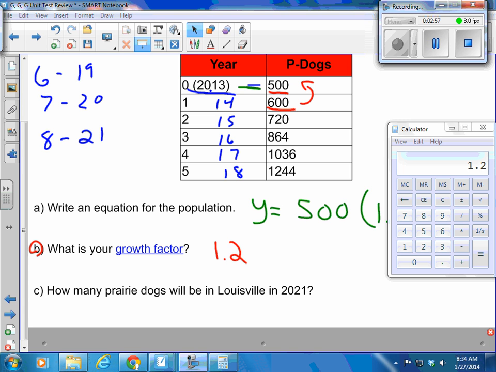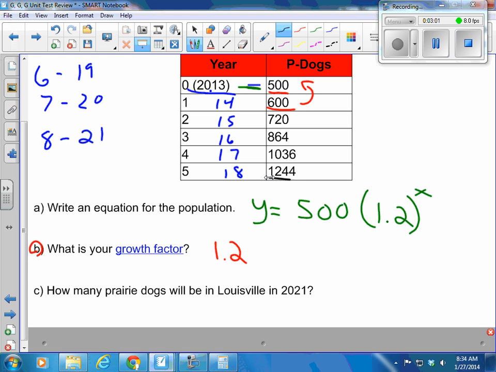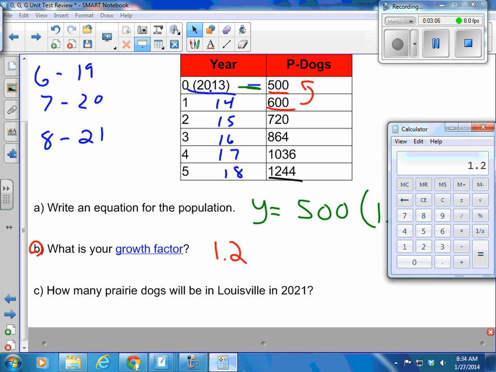Since I have to work up to year 8, I'm just going to take my last year, where the population of prairie dogs was 1,244, and I'm just going to use my growth factor to get all the way up to year 8. So I'm going to times that by 1.2. That's year 6 times 1.2.